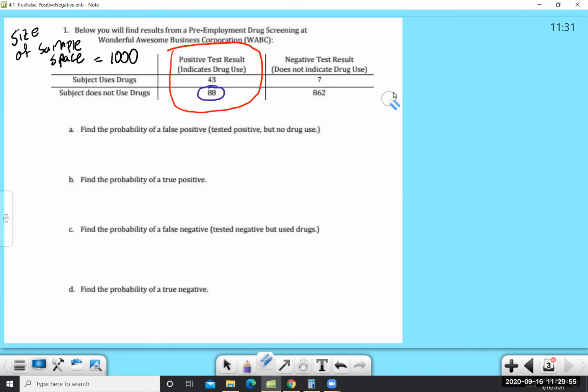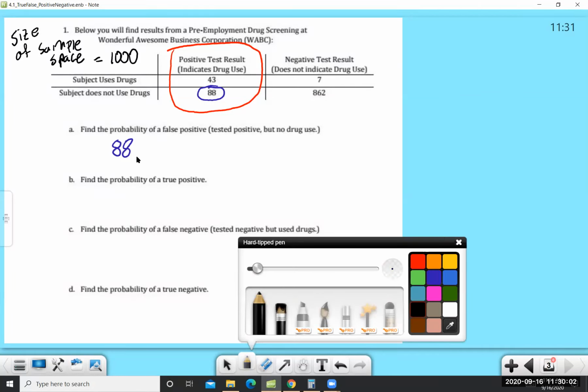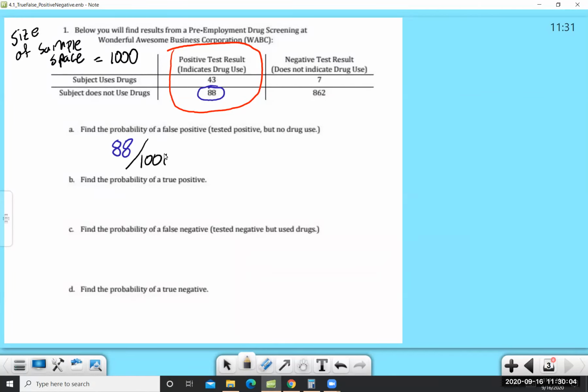So the probability of a false positive is 88 out of 1,000. For the purposes of this video, we'll just leave them as fractions. Okay, so the probability of a false positive, tested positive but no drug use, is 88 out of 1,000.